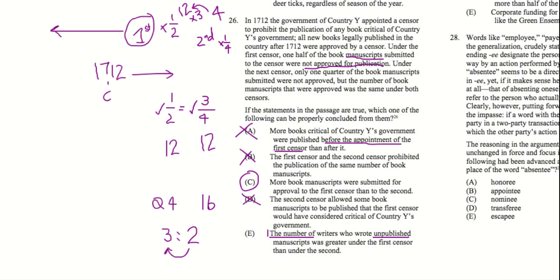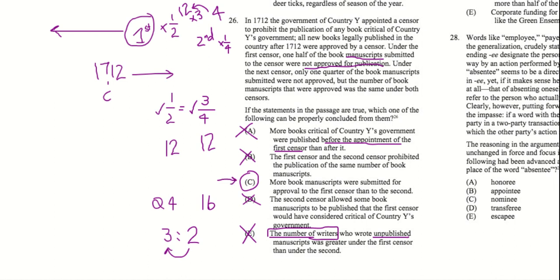The real issue with E here, though, is when they say the number of writers, right? Do we know anything about the number of writers? Not at all, right? We just know how many manuscripts there are in terms of proportions, but maybe one writer wrote all of the manuscripts, right? Maybe there were 10 writers. We have no idea how many writers wrote them because they never said anything about writers, right? So that's why we can cross out E. So our answer here would be C.